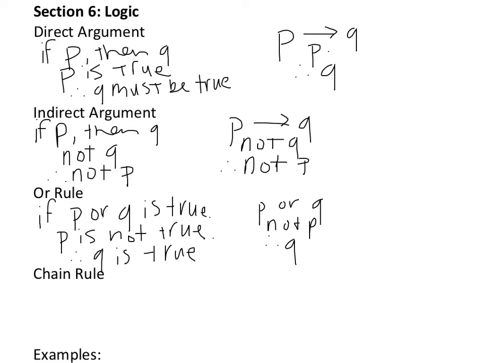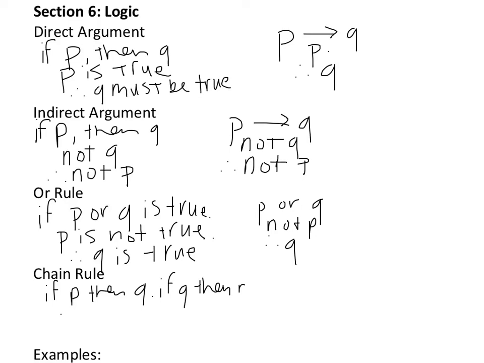The chain rule always involves two conjunctive statements. So it's saying if P, then Q, which is just like what we've been doing, but then you also have if Q, then R. We introduce a new statement.